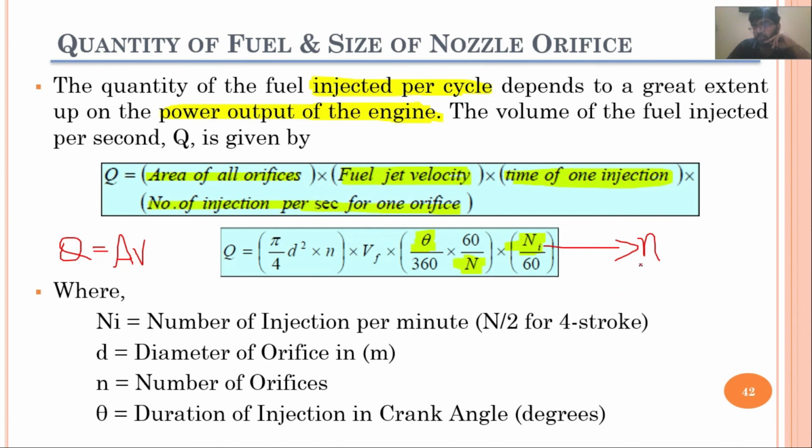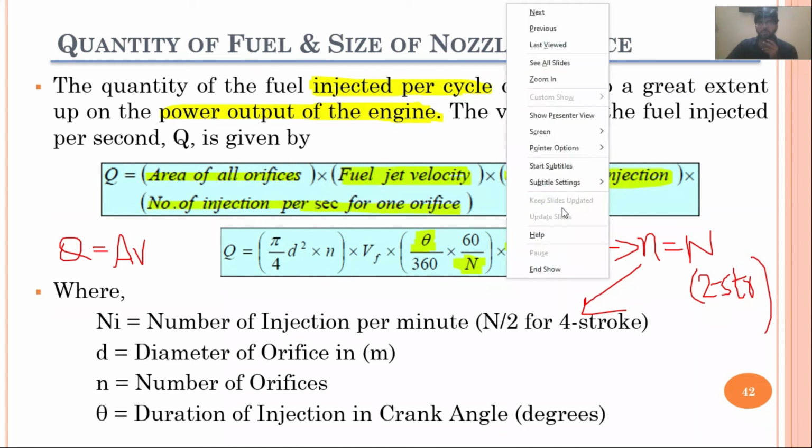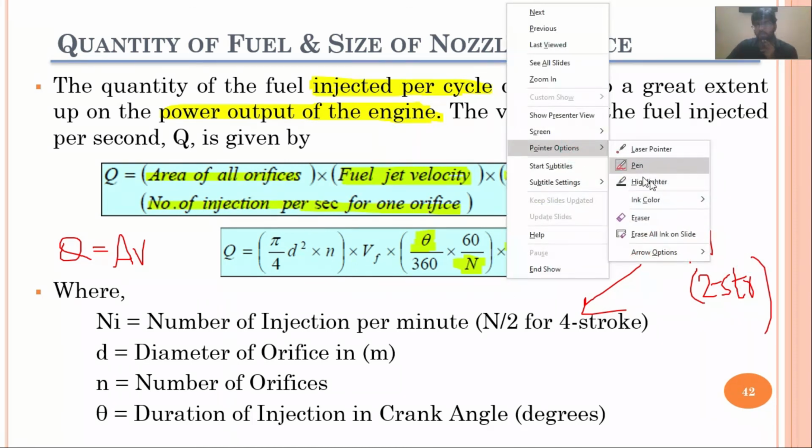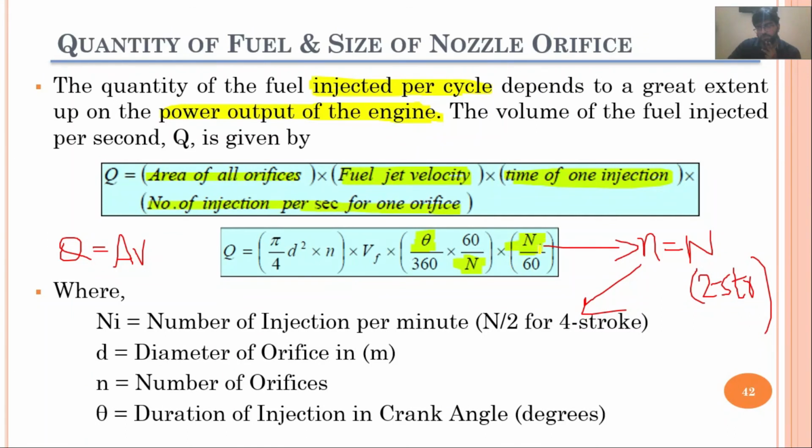For the 4 stroke it would be n by 2, and for 2 stroke it would be simply n. Here I have not used small n. Instead of using small n, I have utilized capital N I.